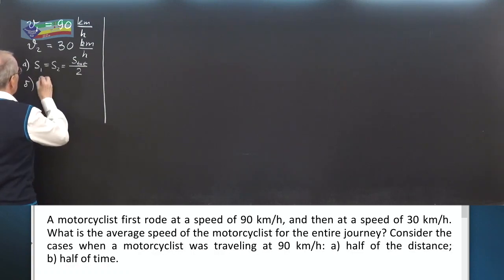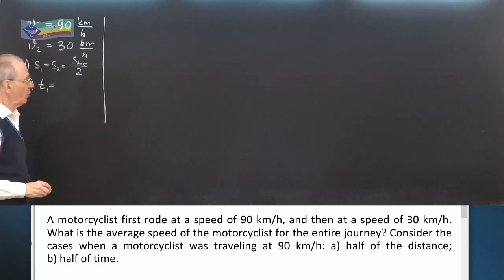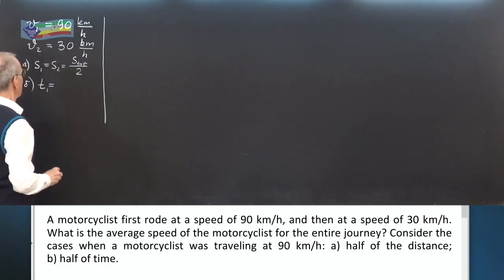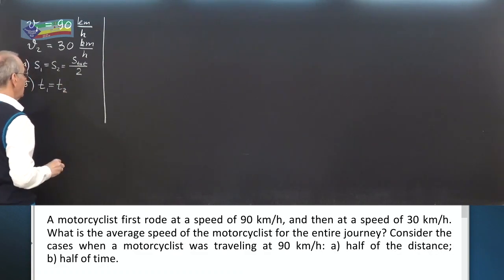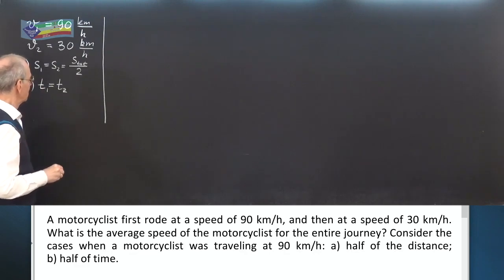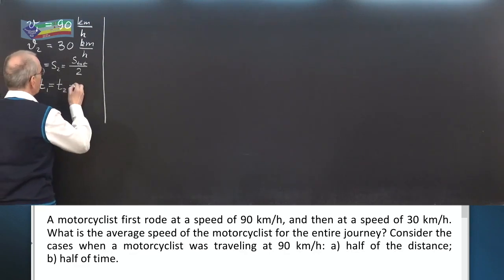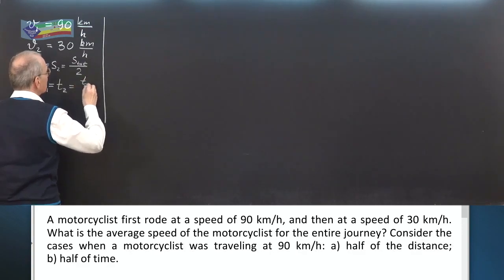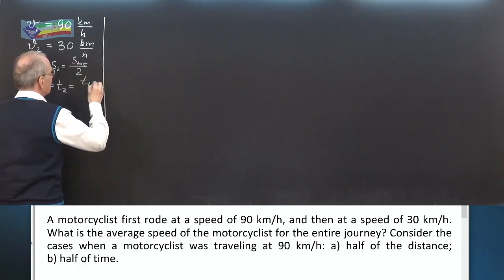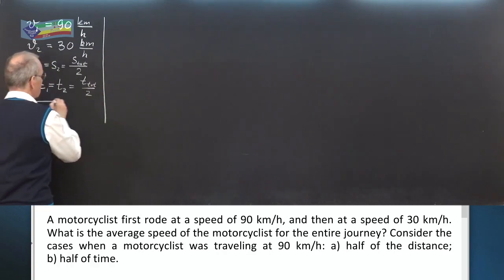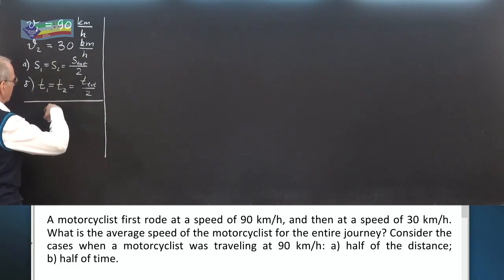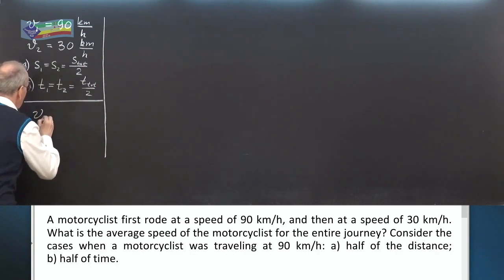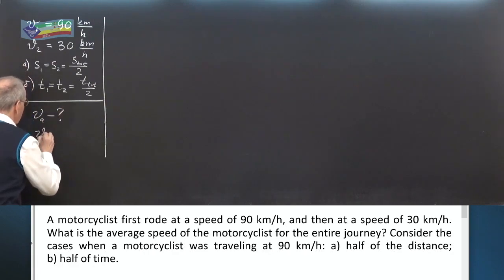Case B. Time taken by the motorcyclist to ride the first part of his journey equals time taken for the second part and equals time total divided by 2. And we have to find average velocity for the first and for the second case, VA and VB.